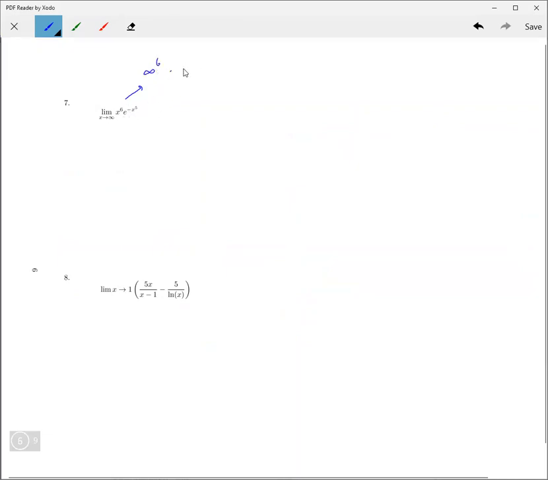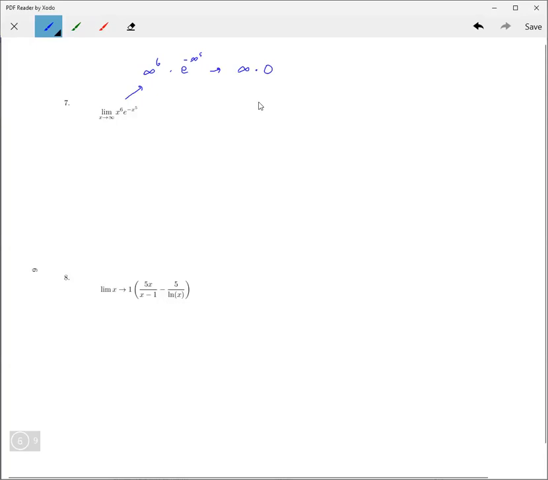And then this one is going to go to e to the negative infinity to the 5th. But basically what you have here is infinity times 0, because that's going to go to 0 and that's going to go to infinity. Okay, this is another indeterminate form, but we can't apply L'Hopital's rule directly.